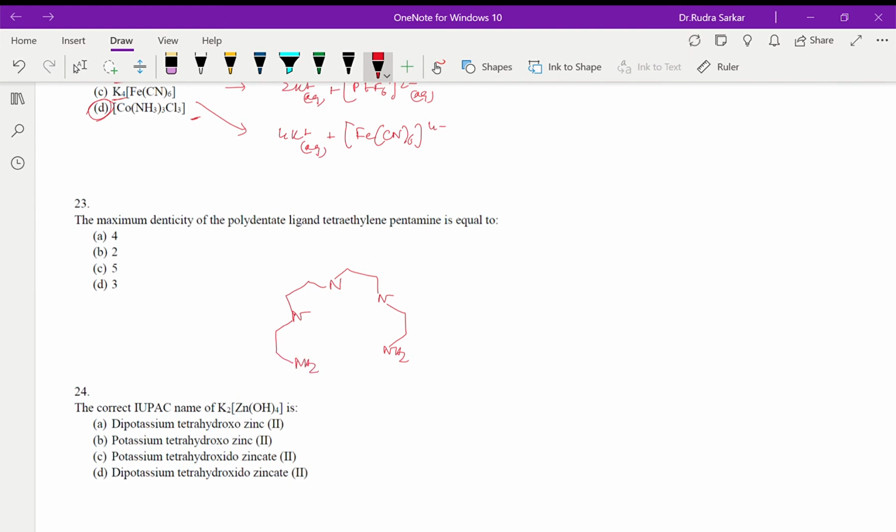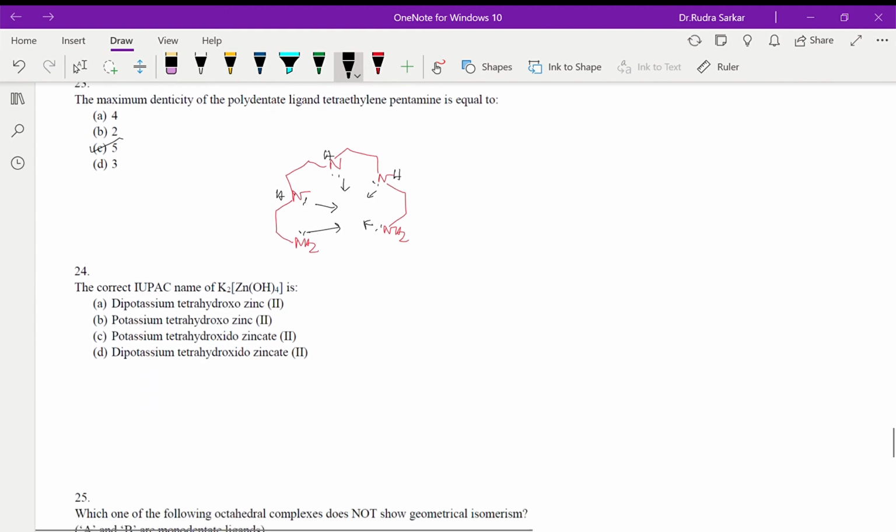So this is tetraethylene pentamine, and if you want to predict the denticity of this particular ligand, it will obviously depend on the maximum number of lone pairs available from every donor site. So this is 1, 2, 3, 4, 5. So 5 is the answer.